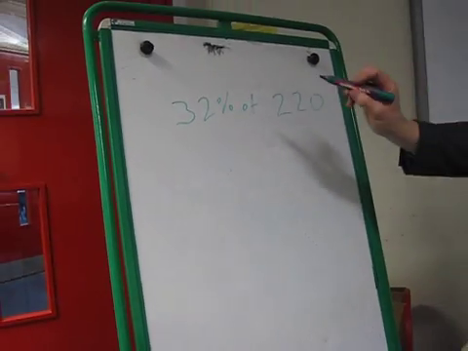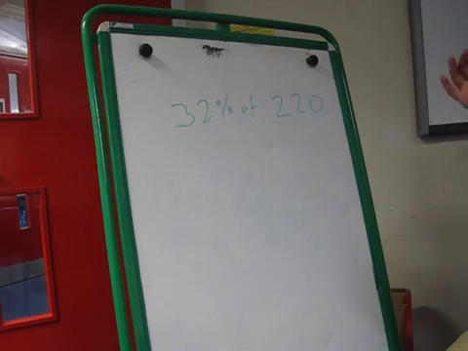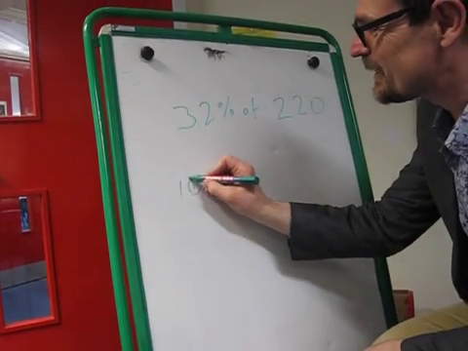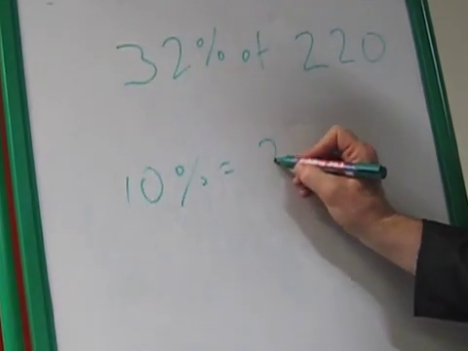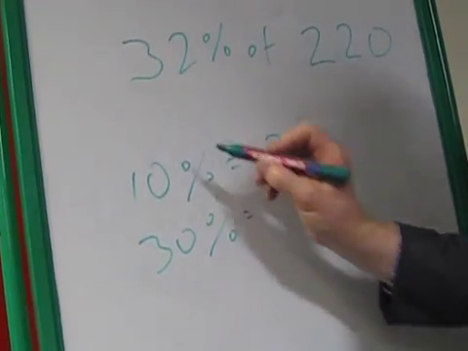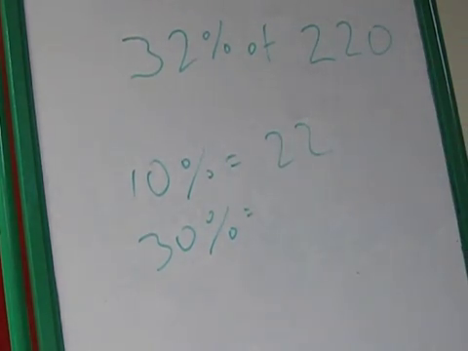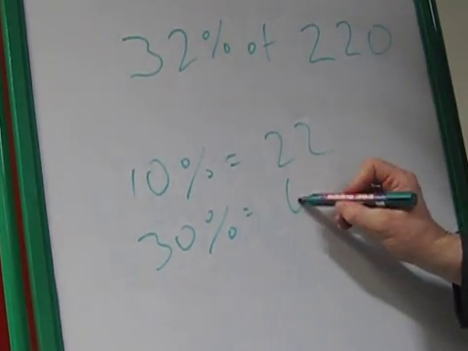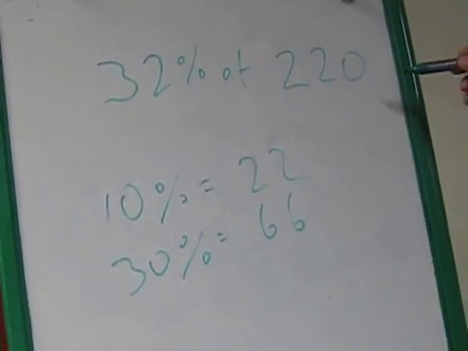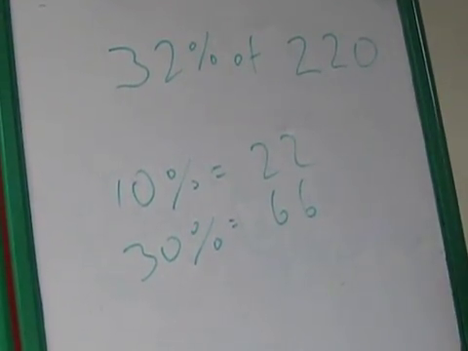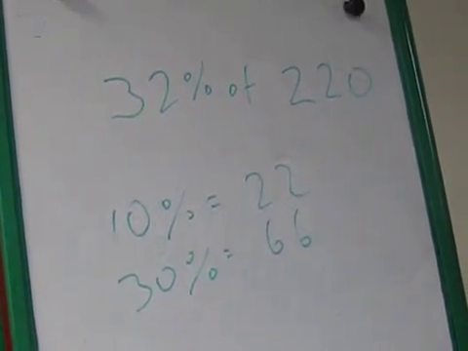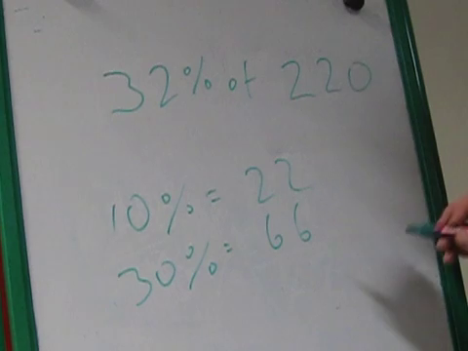We know 10% of 220 is a tenth, which is 22. So 10% equals 22, and 30% must then equal 3 lots of 10%. What's 3 lots of 22? 66. If we want to find 1% of 220, we divide by 100, because 1% is a hundredth. 1% of 220 is 2.2.